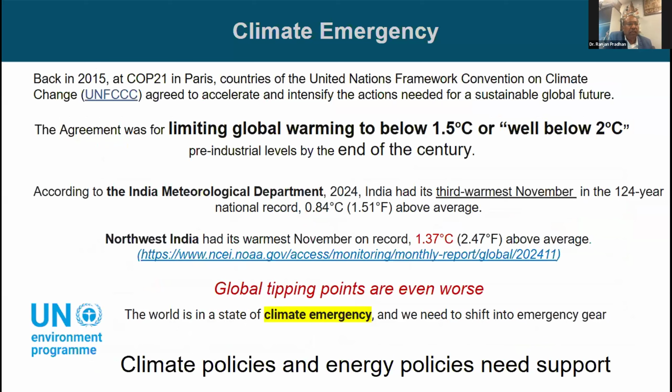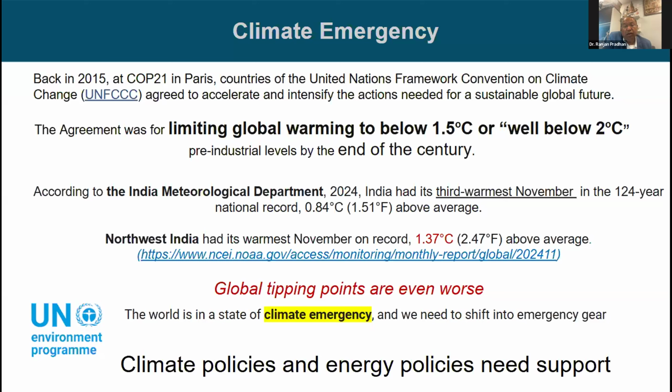But see, as per India's Meteorological Department, in 2024 India has had its third warmest November in 124 years of national average, and Northwest India had its warmest November on record, 1.37 degrees above average. What we are targeting is 1.5 degrees by end of the century, and we are in 2024.